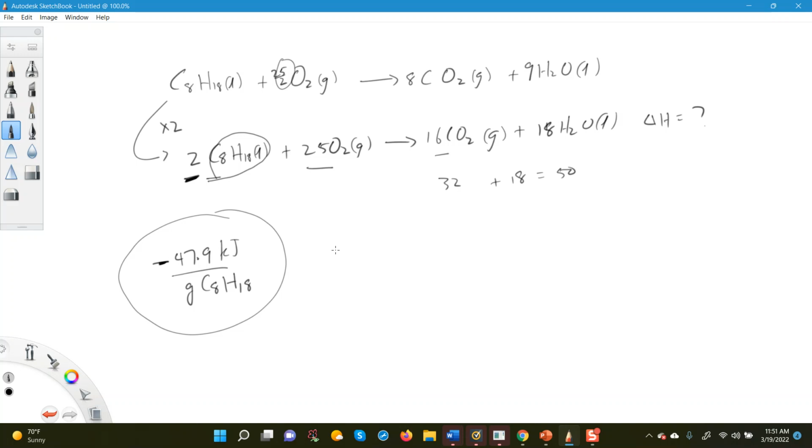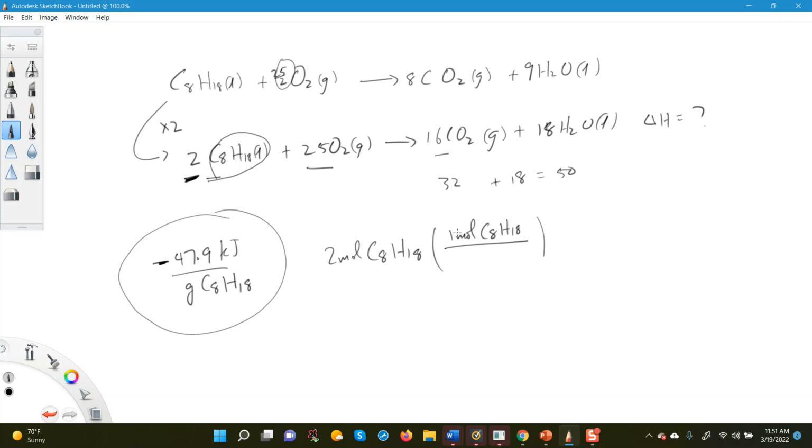So what we're going to do is start off with 2 moles of C8H18, right? And then we're going to multiply this by the molar mass of octane. So we're going to have 1 mole of octane here above, and down here the molar mass. Let me quickly calculate the molar mass of octane.